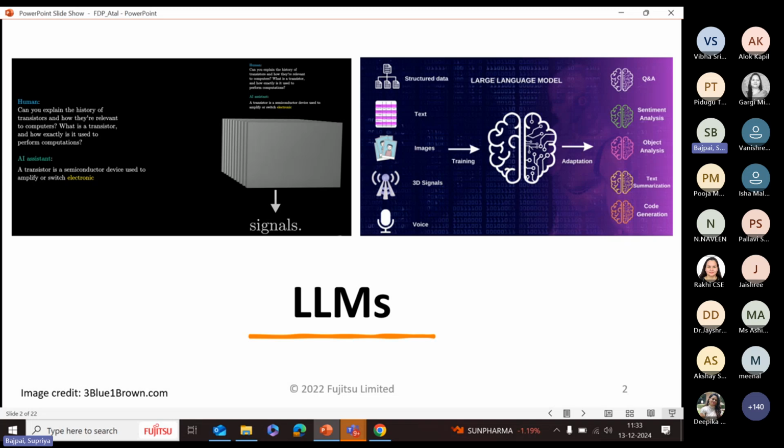They are based on a vast amount of data, basically text data and data in any other form like images, 3D signals, etc., and are designed to understand and generate human-like language. They are kind of like the brains behind things like ChatGPT.